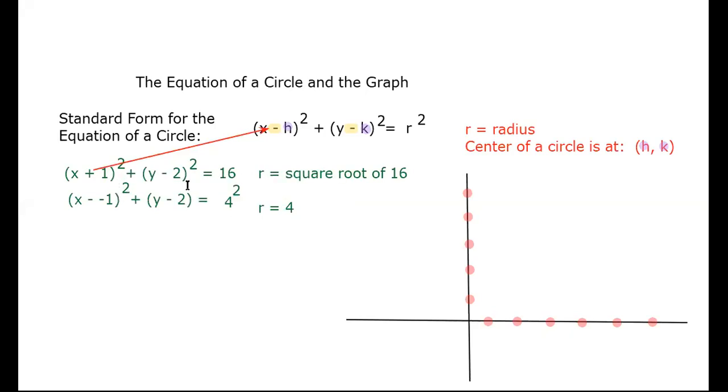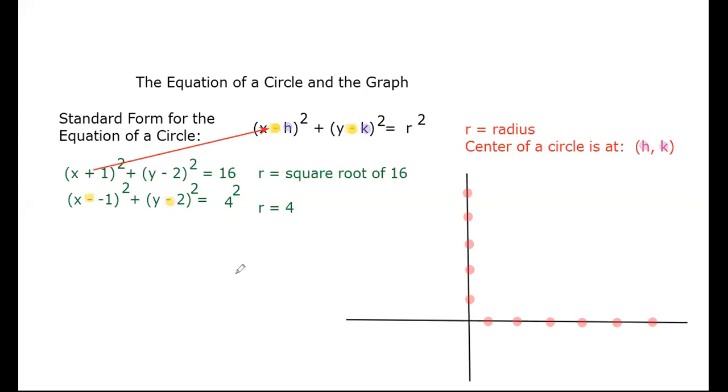So when you have a plus sign in this equation of a circle, you're going to have to change that to say minus negative, because the minus sign is part of that formula. You cannot use it unless you have that minus sign there, just like up here.